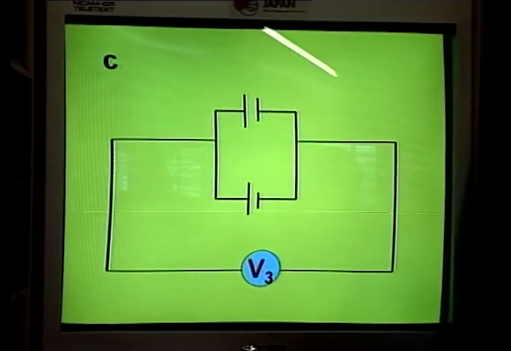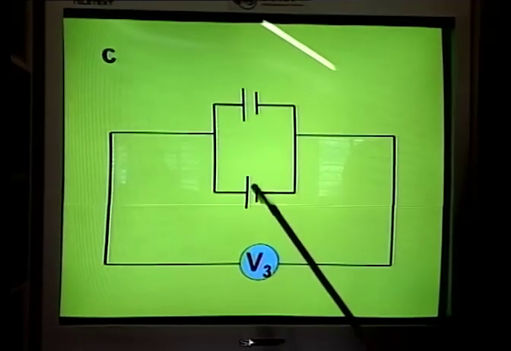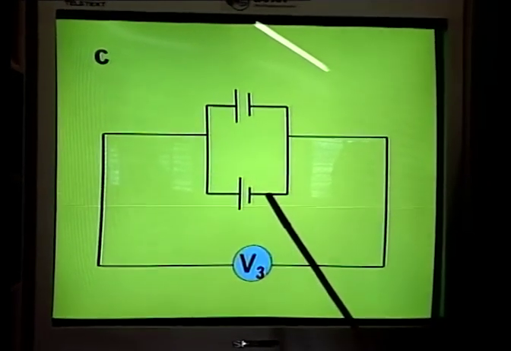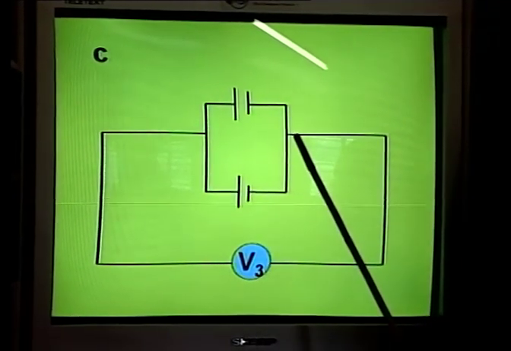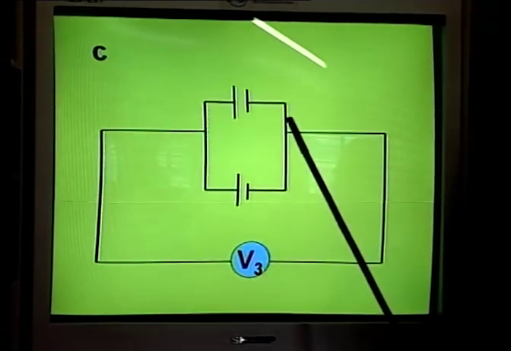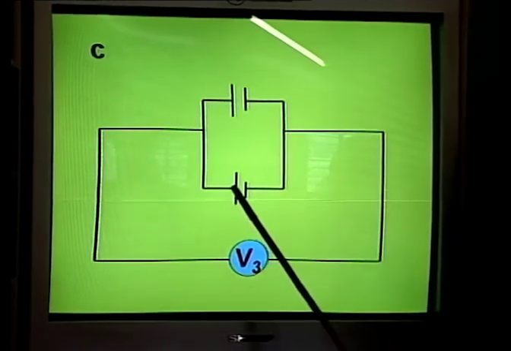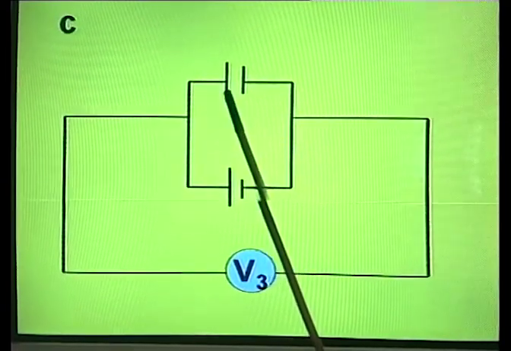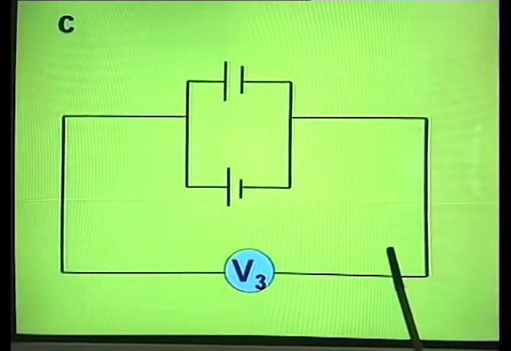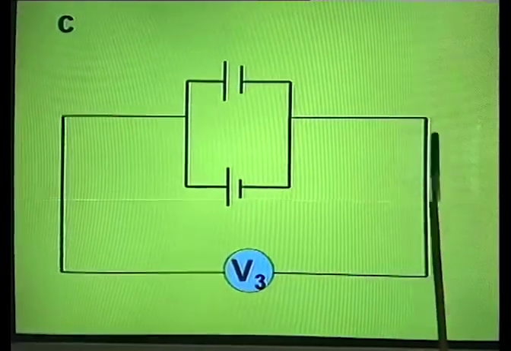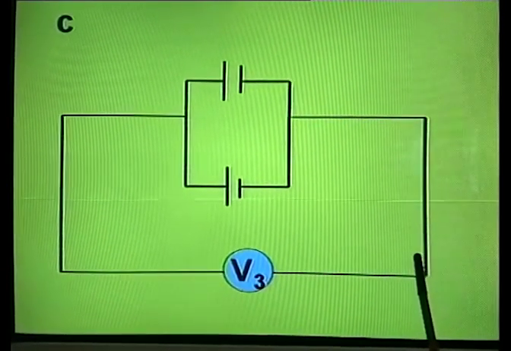But if you connect the cells in parallel, this is 1.5 coming in this way, and then you have another 1.5 flowing in that loop. But when they come over here, there are different loops formed when you arrange the cells in parallel. So that is why we only have about 1.5 from this loop or circuit.